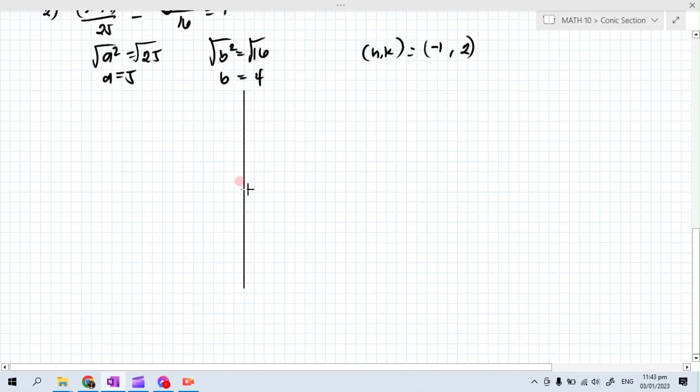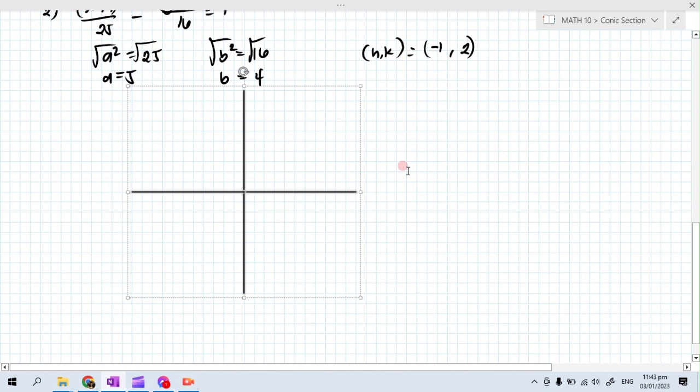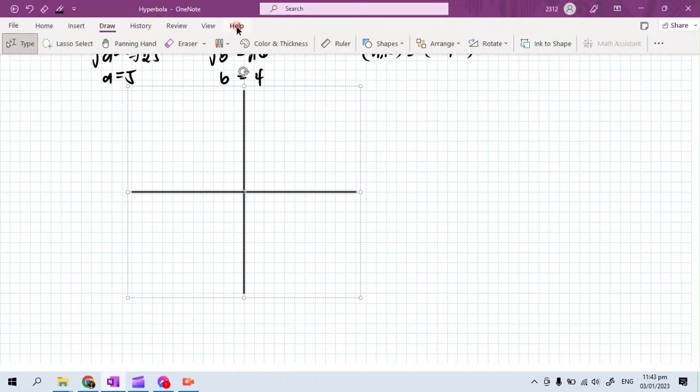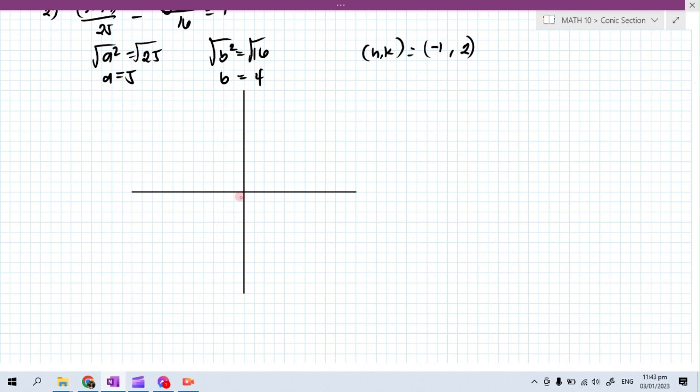To graph our hyperbola in our Cartesian plane, first we need to plot the center, or the intersection point of our asymptotes, which is negative 1, 2. So over here.